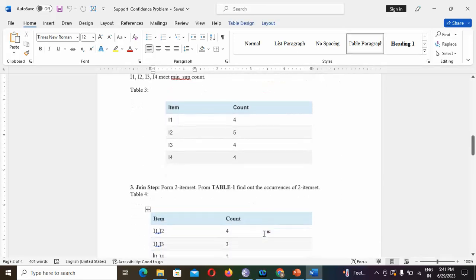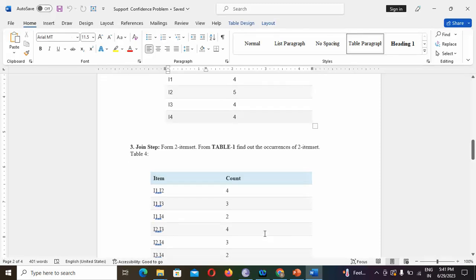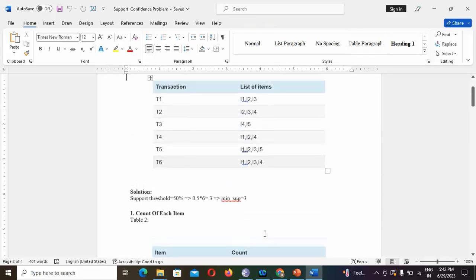Next comes the join step. After completing the prune step, we are going to consider the join step. In the join step, again we move to table 1 and consider two items at a time. In the given transactions, the combination I1 I2 is repeated first time, second time, third time, fourth time.